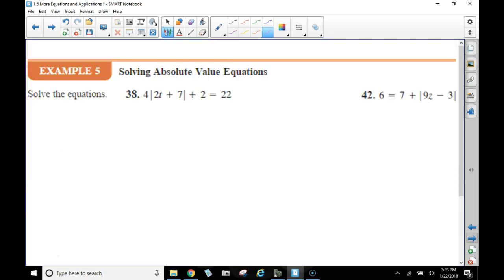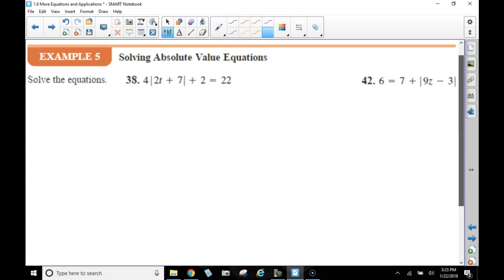Okay, let's look at this example number 5. We're going to solve these two different types of absolute value equations. The first thing you always want to do when solving an absolute value equation is get the absolute value isolated on a side by itself. So I'm first going to subtract 2 from both sides.